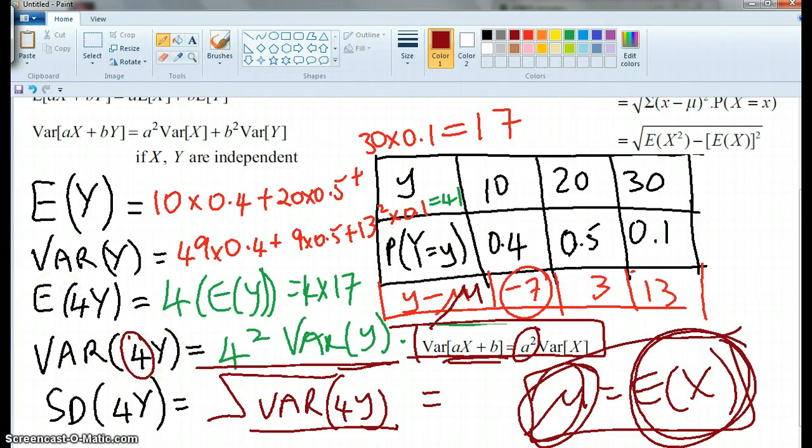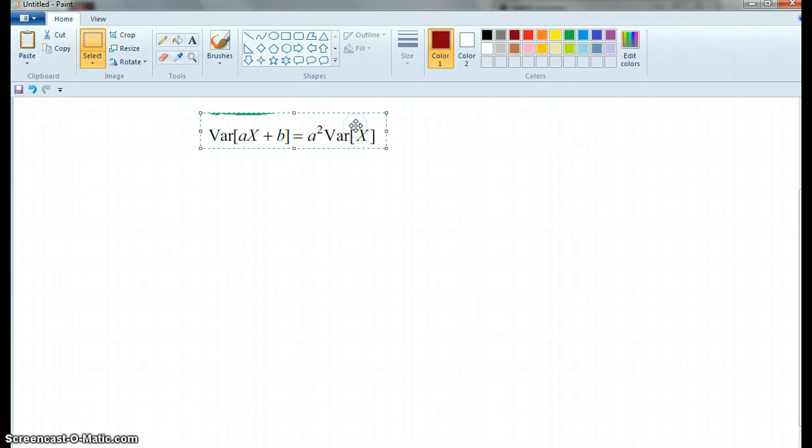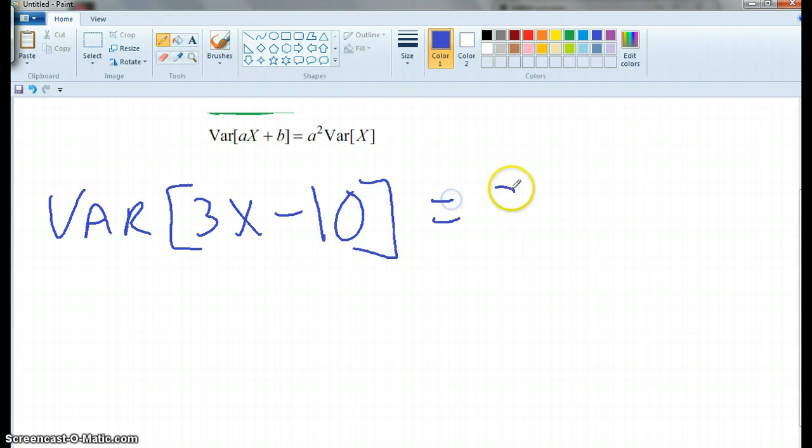Is that just a general rule for what you would do for that? Yeah, so if I just give that rule, here are some examples. So if I said var of 3x minus 10, that would be 9 var of x.